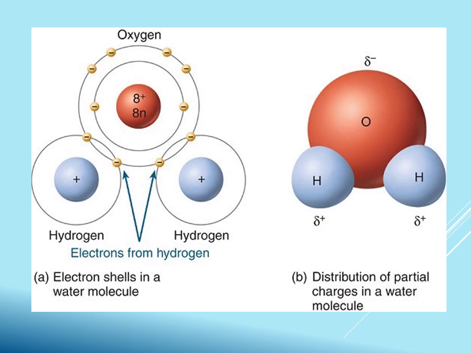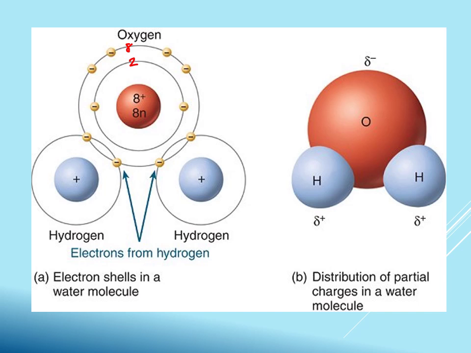Now, the reason why water looks like an upside-down Mickey Mouse head is because water is sharing electrons between the hydrogens and the oxygens. Okay, so here on the left side, you can see kind of those orbital shells that we were talking about earlier. Once again, remember, we have 2 on the innermost shell, 8 on the second shell, 8 on the third shell if it were there.